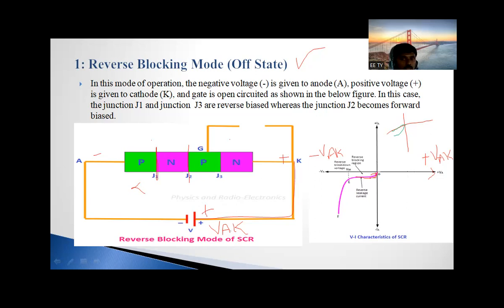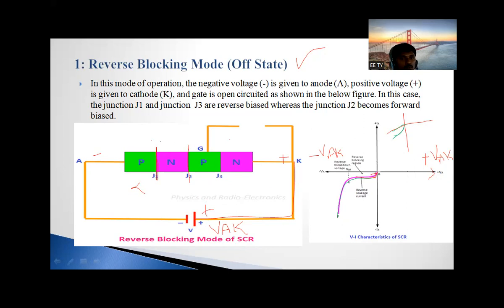Clear? If this voltage is increasing, then this reverse voltage is also increasing. If we increase this reverse voltage more and more, then what will happen? At one particular voltage level, breakdown will occur. When the breakdown occurs, then what will happen?